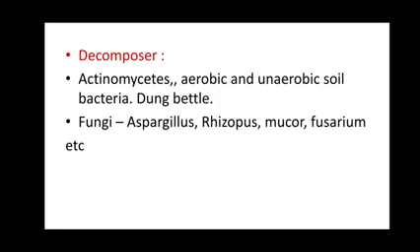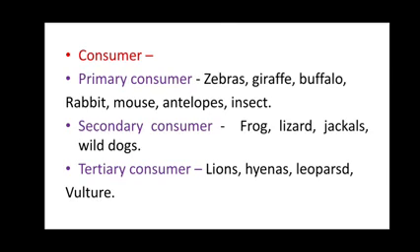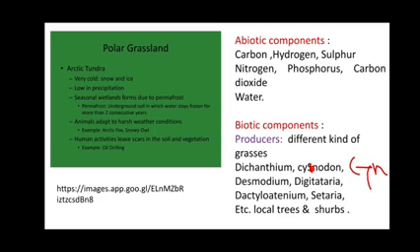So these are the main components of the grassland ecosystem, that is abiotic and biotic components. As we know, the grassland ecosystem is mainly divided into three types: tropical grassland, temperate grassland, and polar grassland.